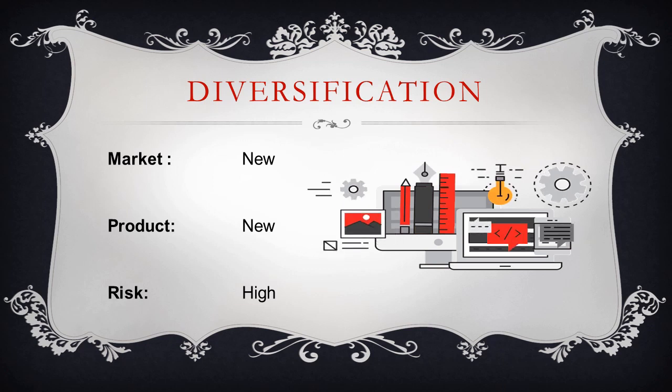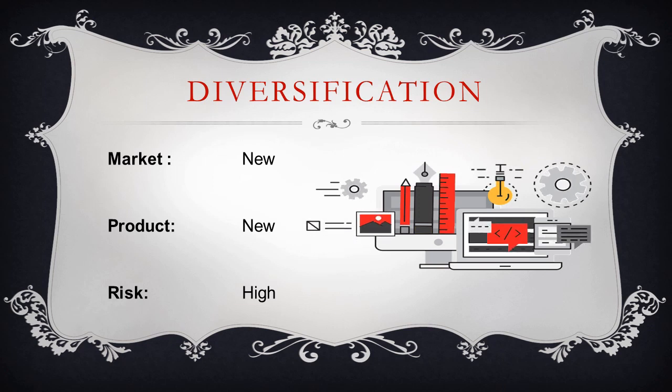Diversification means spreading the risks of a business by exploring new markets in new market segments and with newer products. Now, products are new and markets are new. So obviously the risk is going to get magnified on short-term basis. Yes, we are trying to mitigate risk.